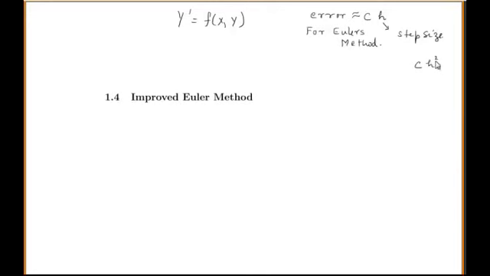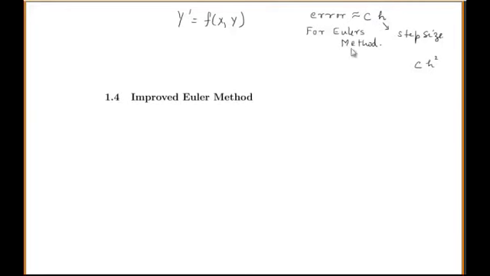This is not in the context of the order of a differential equation, because in these first few sessions we are only understanding how to solve first order differential equations. The differential equation will be of first order, but when we compute the approximate solution using Euler's method, the error from the exact solution turns out to be of order h.